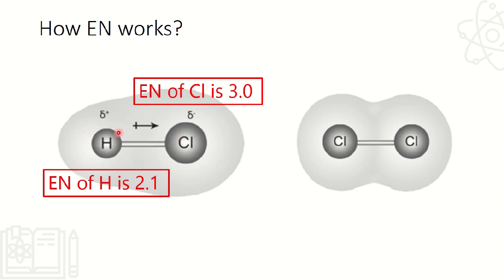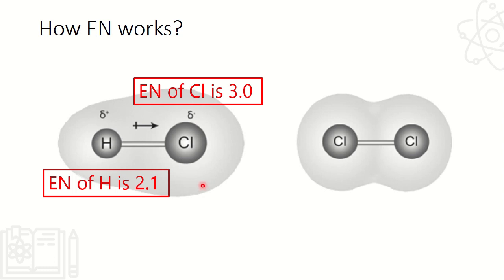Sa pagitan nila, yung hydrogen natin ay tatawaging partially positive kasi yung electron niya gumagalaw, lumilipat papunta ng chlorine. Nagbabawas siya ng negative particles, so matitira yung positive. Partially positive ang basa dyan. Then, yung chlorine naman natin will be partially negative kasi nagdadagdag siya ng negative particles.